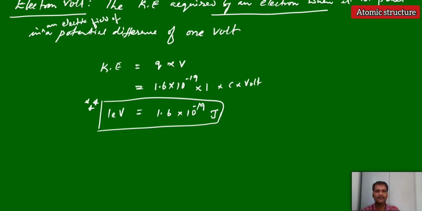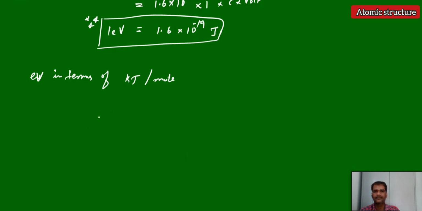And if you convert this electron volt into kilojoule per mole, so this is per electron, but if you take 1 mole of electrons, then 1 electron volt is equal to 1.6 into 10 power minus 19 joule.